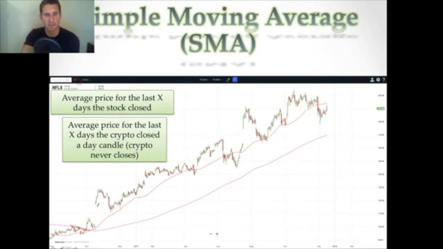So there's this gap up here. This is a stock, right? So there are such things as gap ups. There are no gap ups in the crypto world, since stocks open and close every single day, right? There are so many things to talk about, but there's pre-market movement in the stock world, and there's aftermarket movement in the stock world.